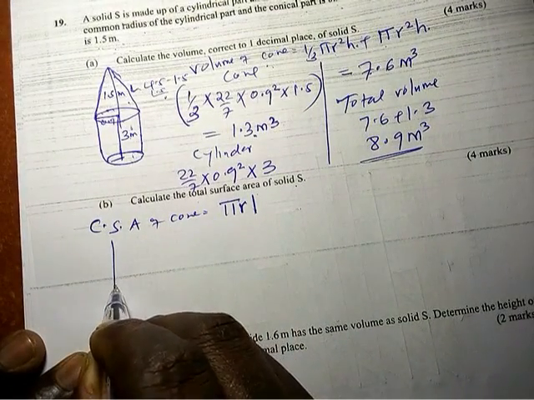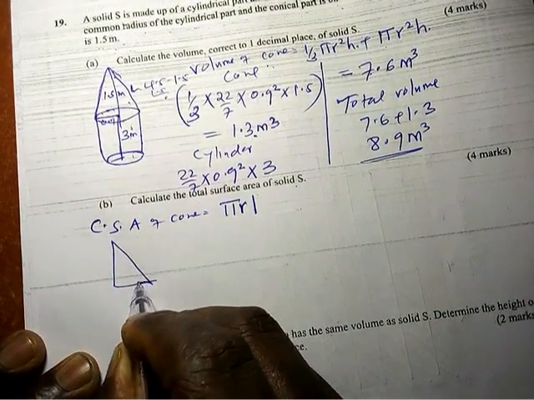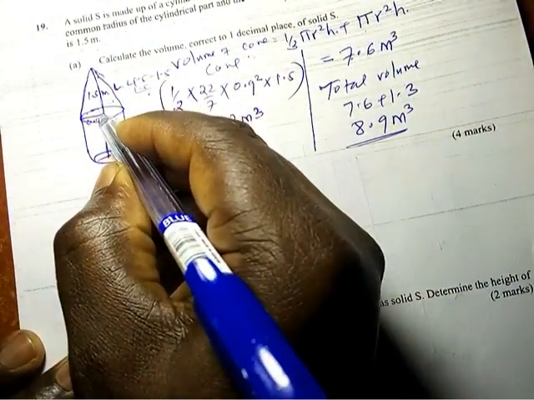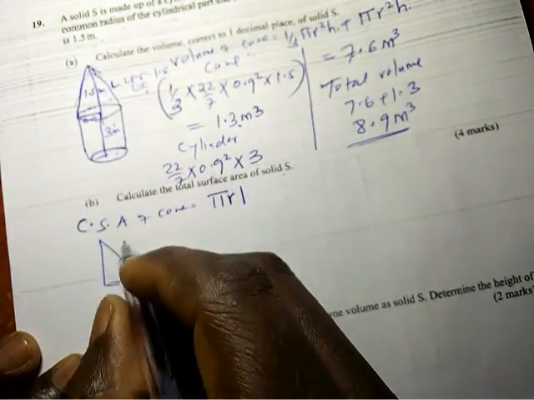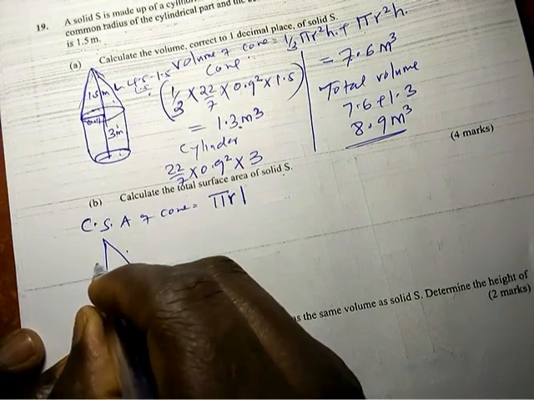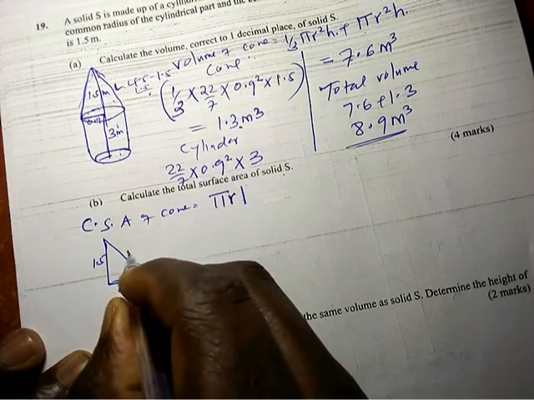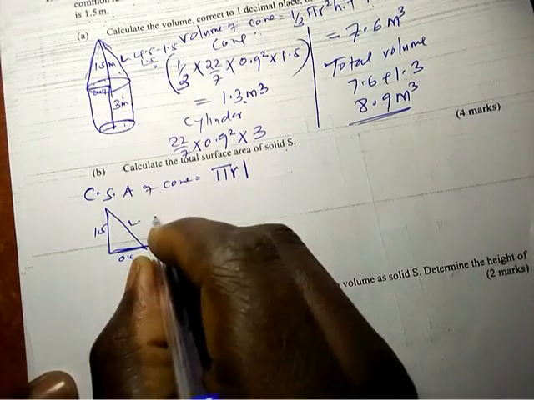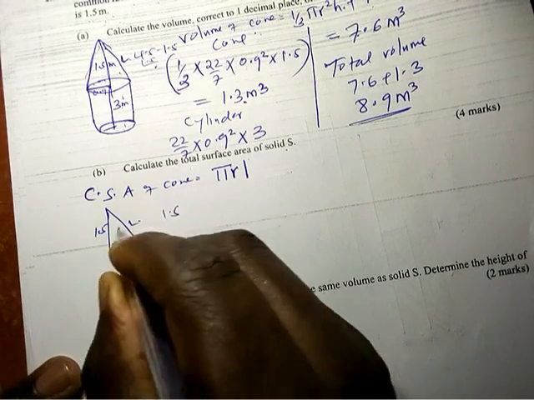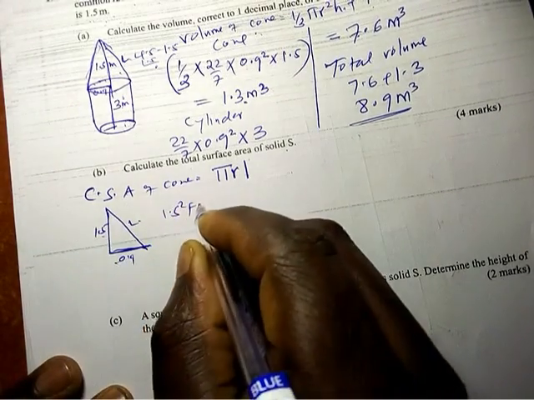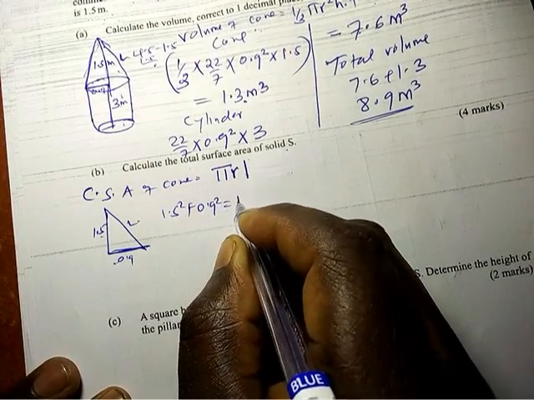We remove it like this. This here the height is 1.5. From here is 0.9. So we can get L. So 1.5 square plus 0.9 square will give us L square.